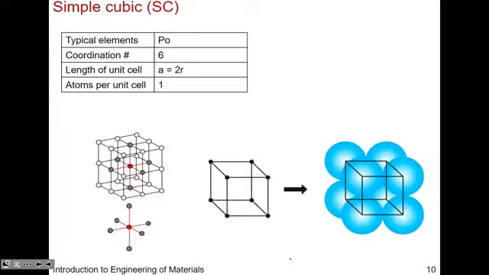So if you see here, here's one R, okay, and then here's the other R. So the lattice distance, the unit cell length is just 2R. And because it's cubic, it's obviously identical in all 3 vectors, all 3 directions.